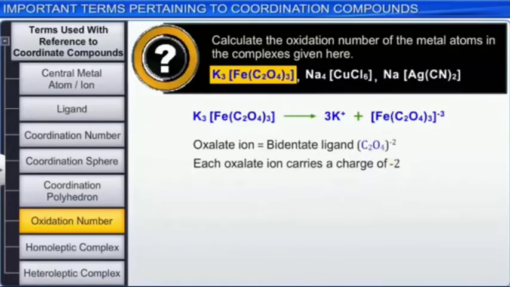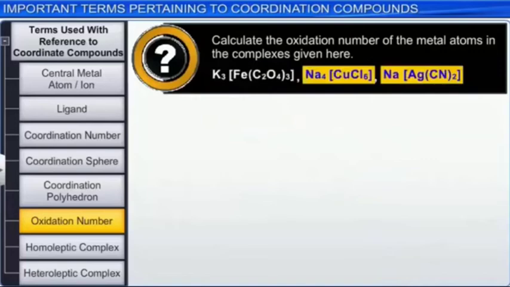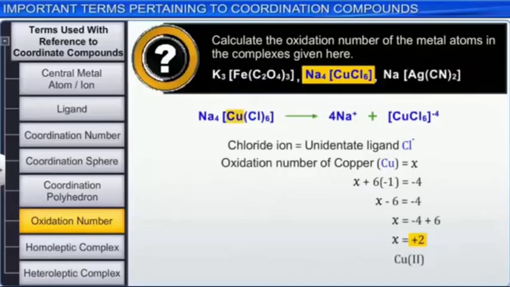The oxidation number of iron, which is assumed as X, is calculated as X plus 3 multiplied by -2, which is equal to -3. On simplification, we get X is equal to +3. Hence, the oxidation number of iron is +3. Similarly, the oxidation number of copper and silver in the other 2 complexes are calculated as +2 and +1, as shown.